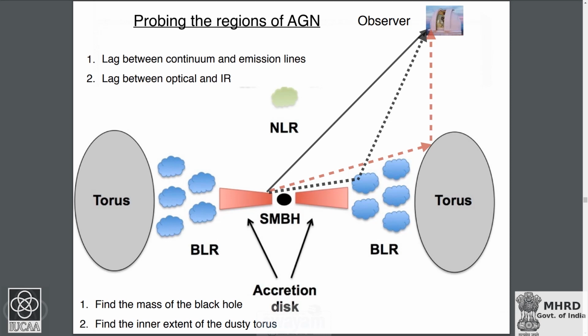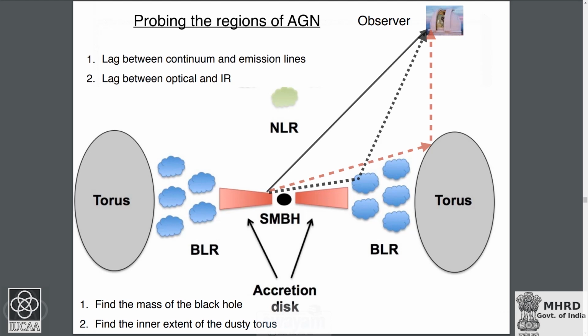The other application is to find the inner edge of the dusty torus. How is it done? This is done by observing the source repeatedly in optical and infrared bands. The logic is as follows: optical UV photons come from the accretion disk, travel outwards, come to the torus, and from the torus they get reprocessed and come out as IR.